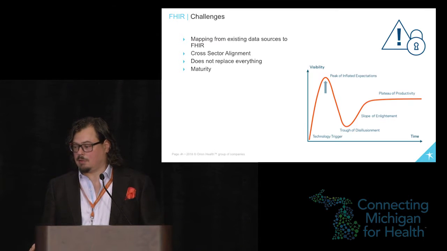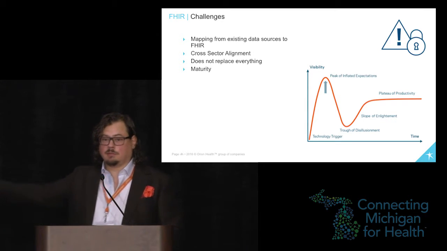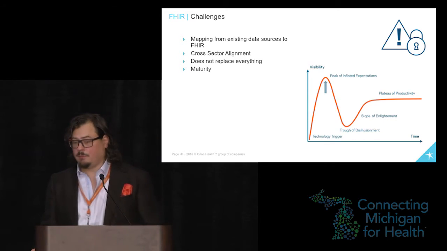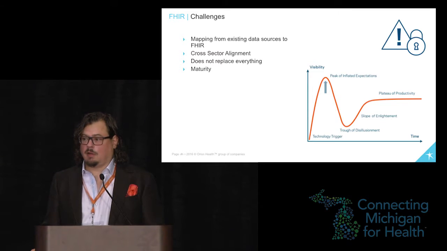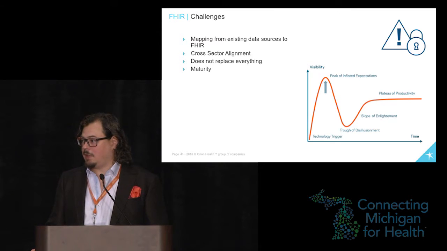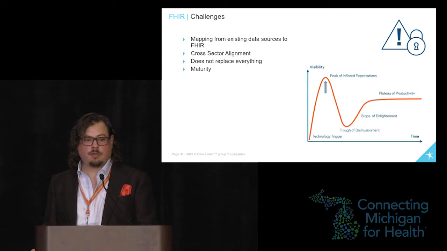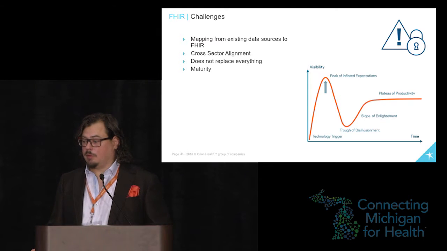And if we start thinking about where we are in the adoption cycle, if we look at the Gartner curve here, are we still climbing towards the peak of inflated expectations? I think so, because people are still looking at more ways that we can use the standard, and more models and more resources and more implementation guides.